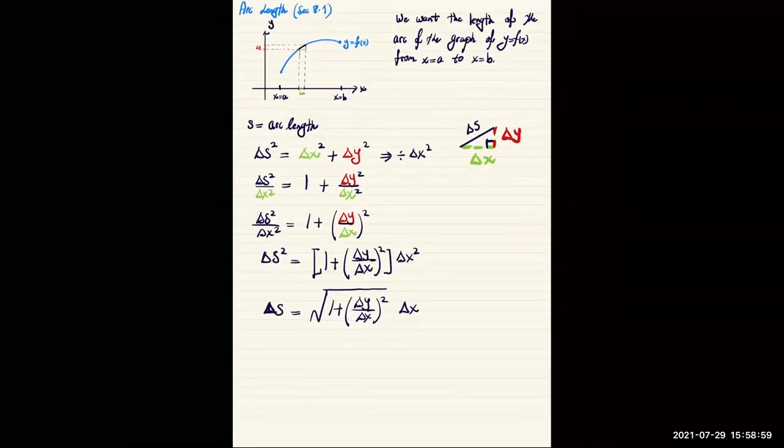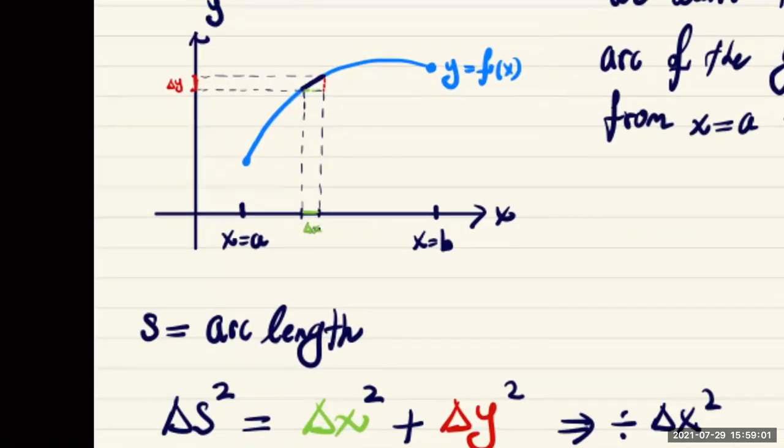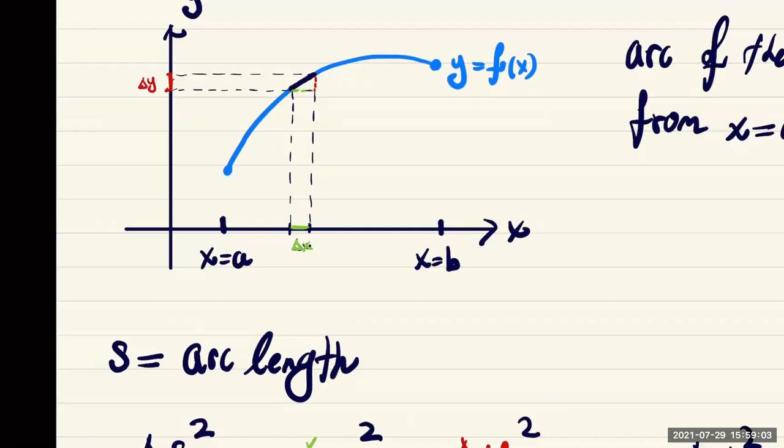If you think about it, this arc consists of thousands and thousands of delta s's. You can partition this arc like that. Here we have a delta s1, a delta s2, a delta s3, and so on.